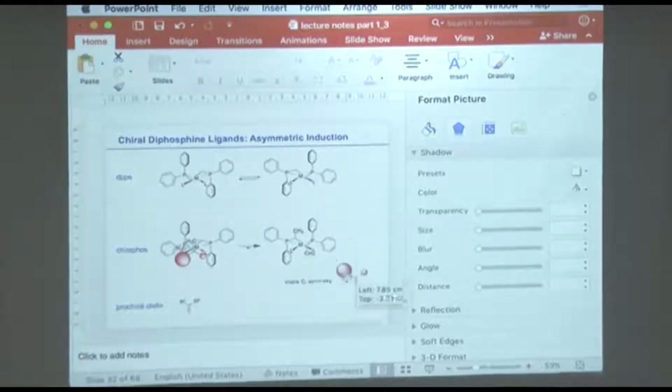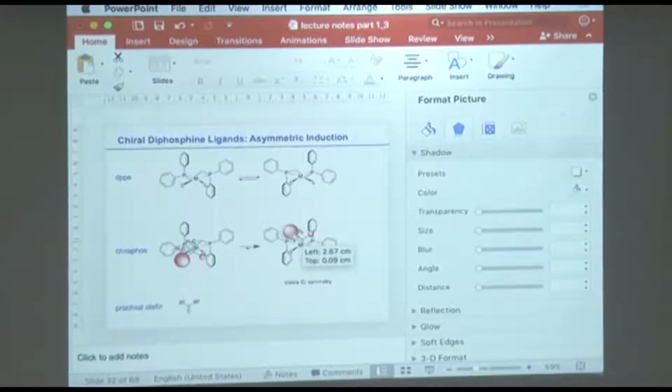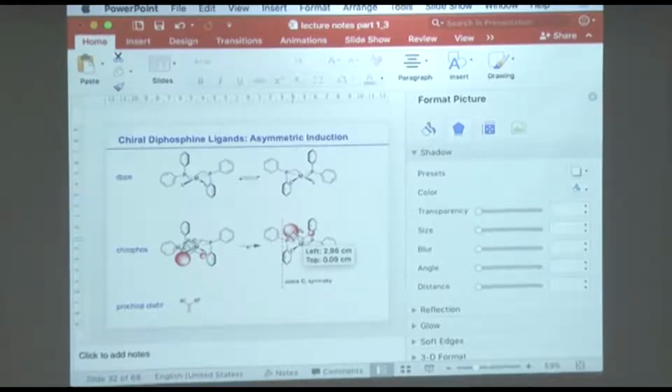So if I take that olefin, if I coordinate it this way, it's nice because the bulky part is in the upper left part, which is empty, and the small part is in the upper right part, which is sterically occupied.